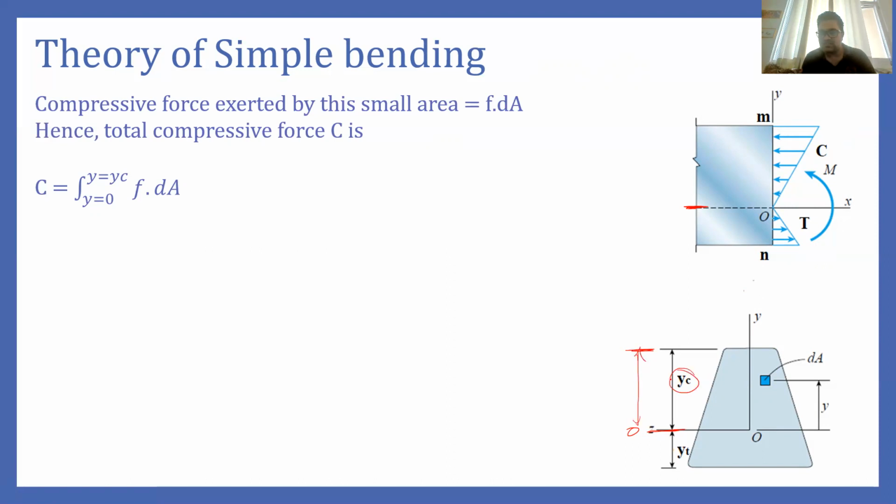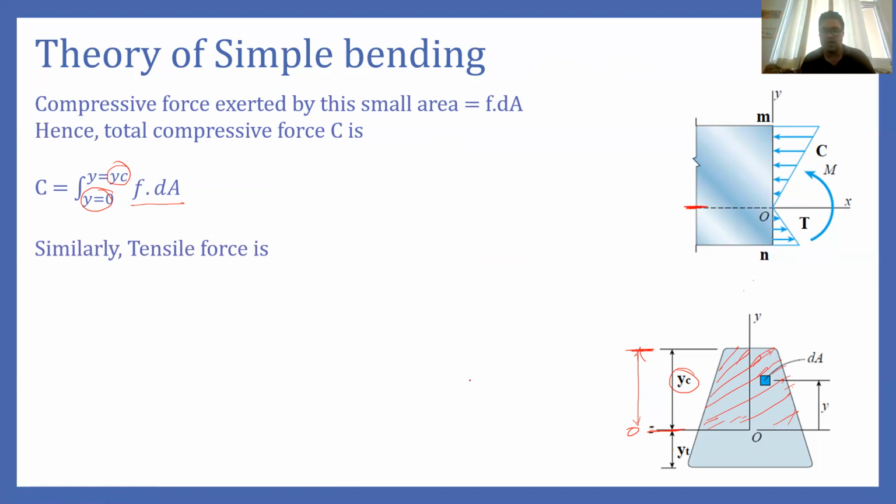We know this whole area will be under compression, so we can do that using the integral. The integral limit is y equals 0 to y equals c, of F into dA. Solving this, we can find the compressive force.